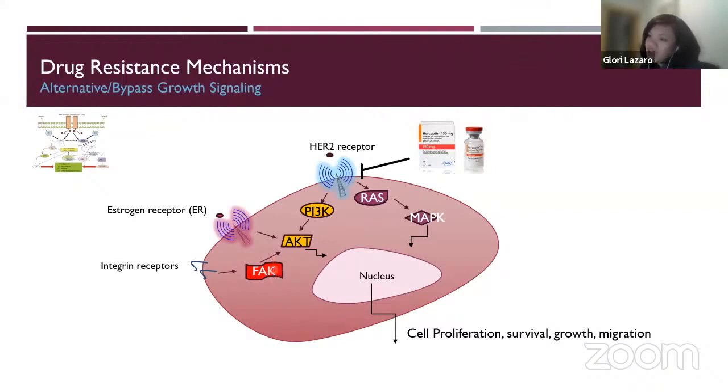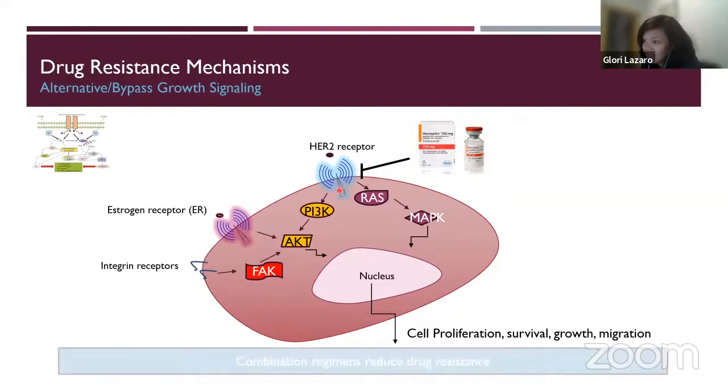And then FAK feeds into AKT again. AKT will then cause cell proliferation, growth, and all that. So even if you have one drug here, there's others. It's so complex. The cancer cell is very clever. It's stubborn. They will find ways to evade, to escape this drug here.